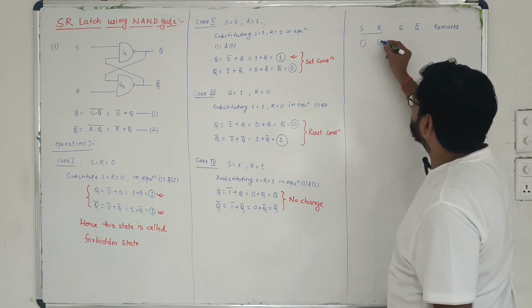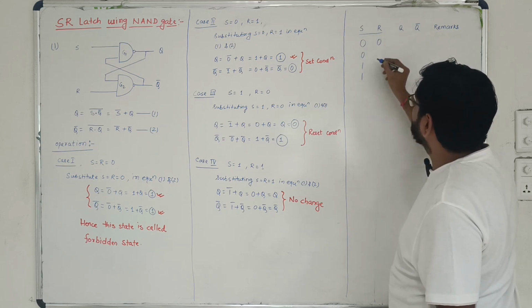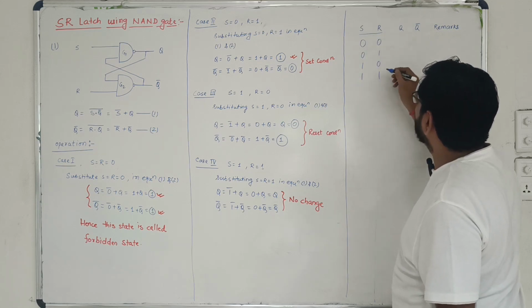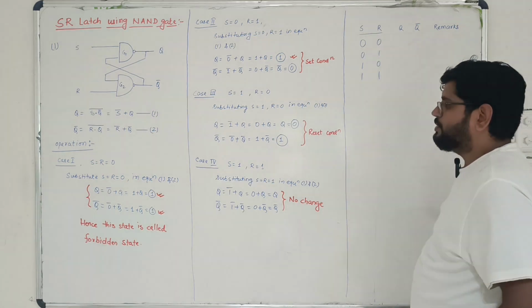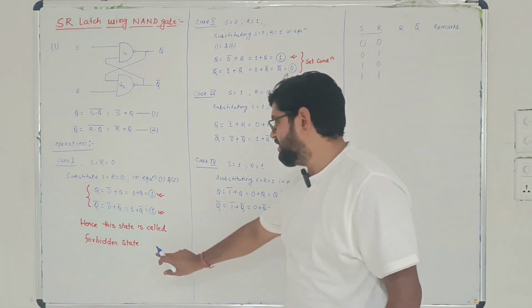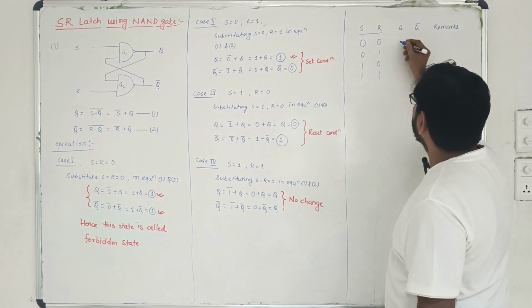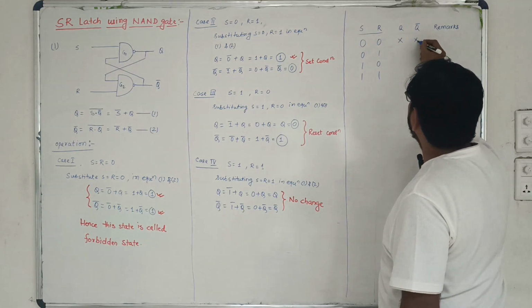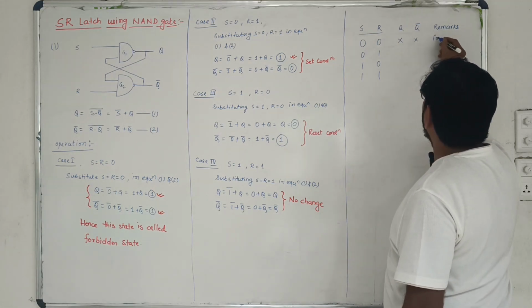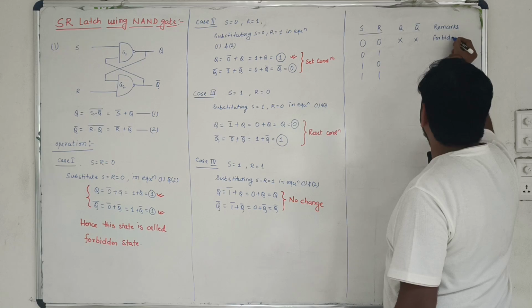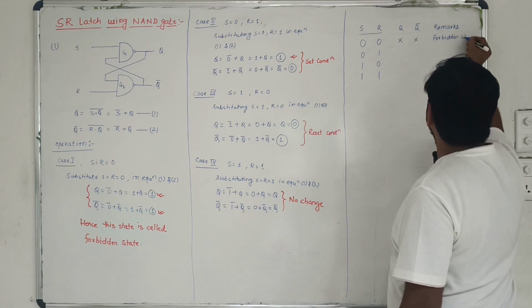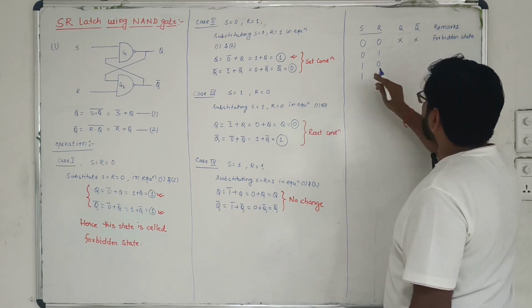How many combinations? 4 combinations. 00, 01, 10, 11. Now, if S equals to 0, R equals to 0, at that time, what we are getting? Both the values as 1, 1, which is not possible. Therefore, we are writing that one as forbidden state.